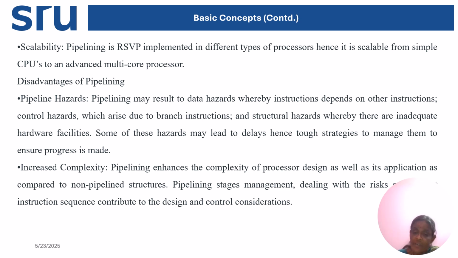Whatever hardware resources are necessary should be completely available. If they are not available at the correct time, structural hazards may occur. Some of these hazards may lead to delays, hence we have strategies to manage them to ensure progress is made.